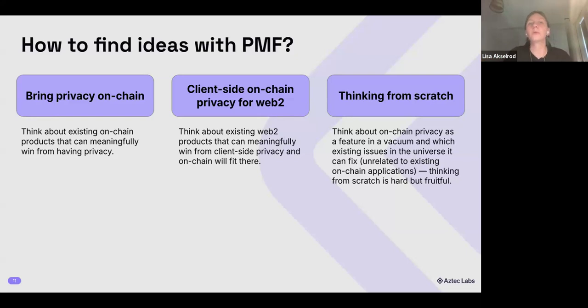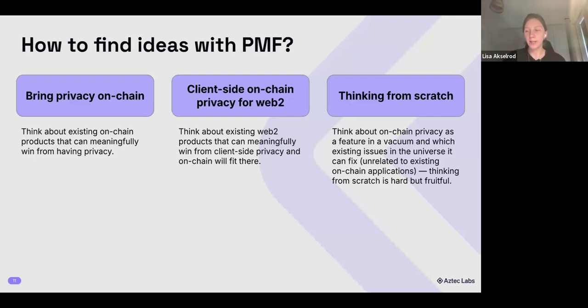Several years ago, everyone was like, okay, people can own the content. We just take an application like Twitter and make it user-owned. And then you see all these applications and you see that they don't really have a lot of traction or a lot of retention, meaning that very often people like to complain about a problem, but it's not a real problem, meaning that they're not, for example, ready to really pay for solving it. So whenever you think about whether the problem is real, think about whether people are ready to fix it.